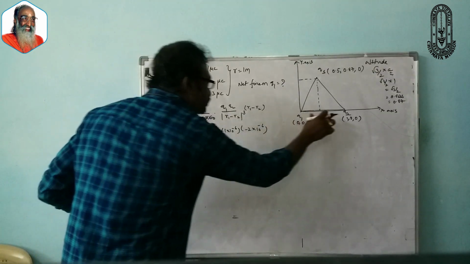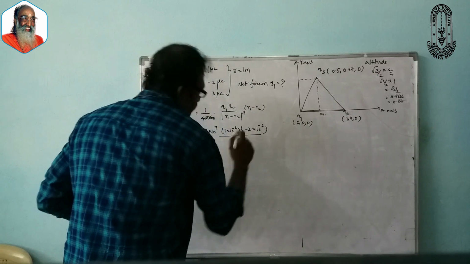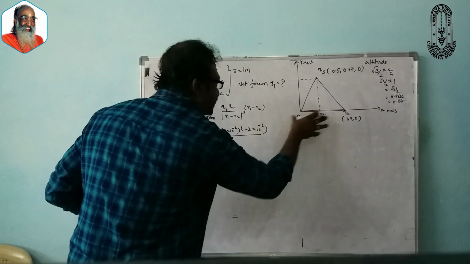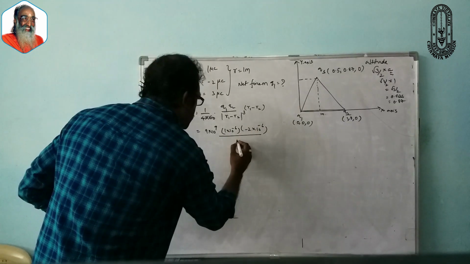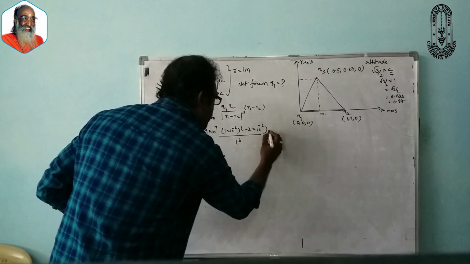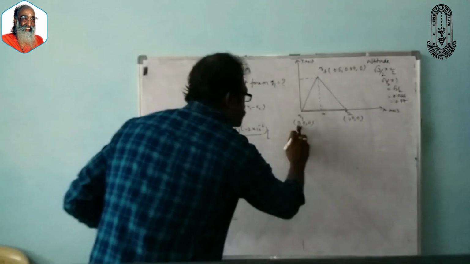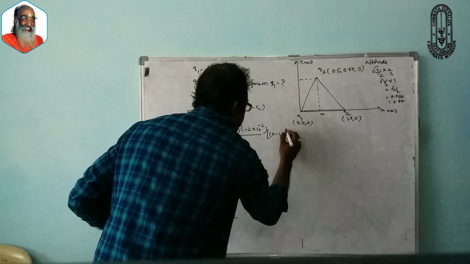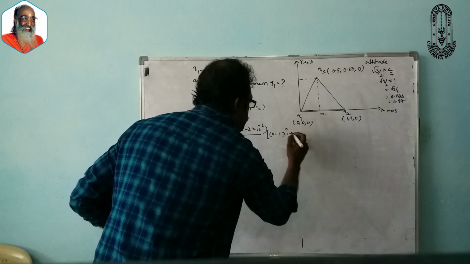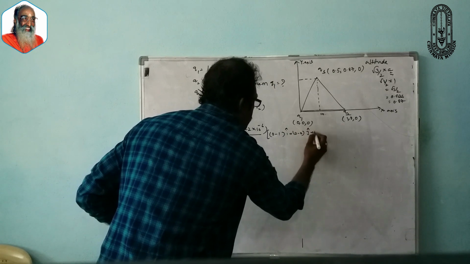So what is the magnitude? It is already given. We need not take these coordinates and find the length. Directly we can make it as 1 cube, and here R1 minus R2 is 0 minus 1 I cap, 0 minus 0 J cap, 0 minus 0 K cap.